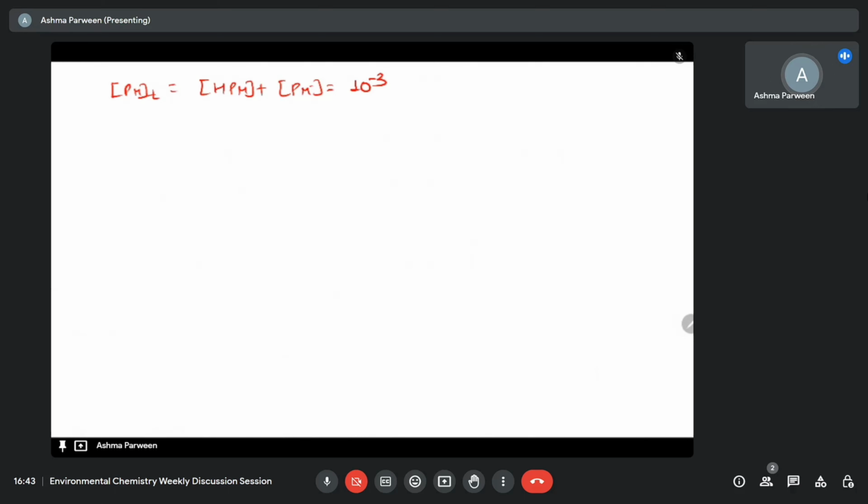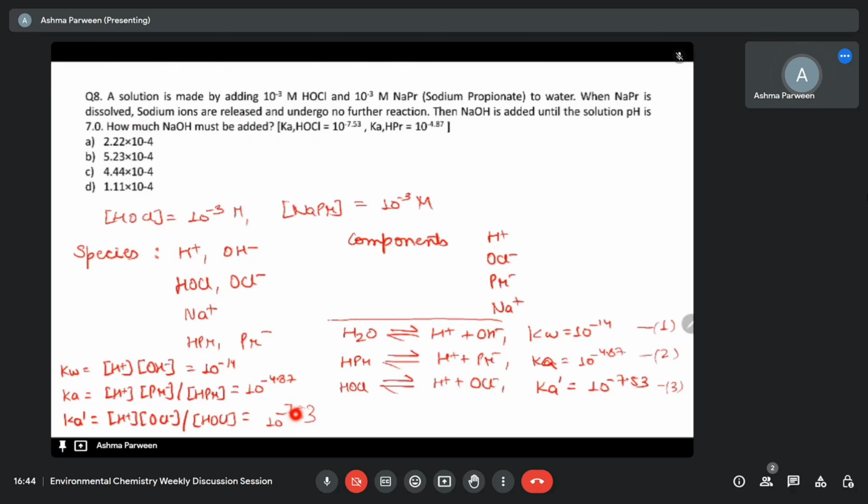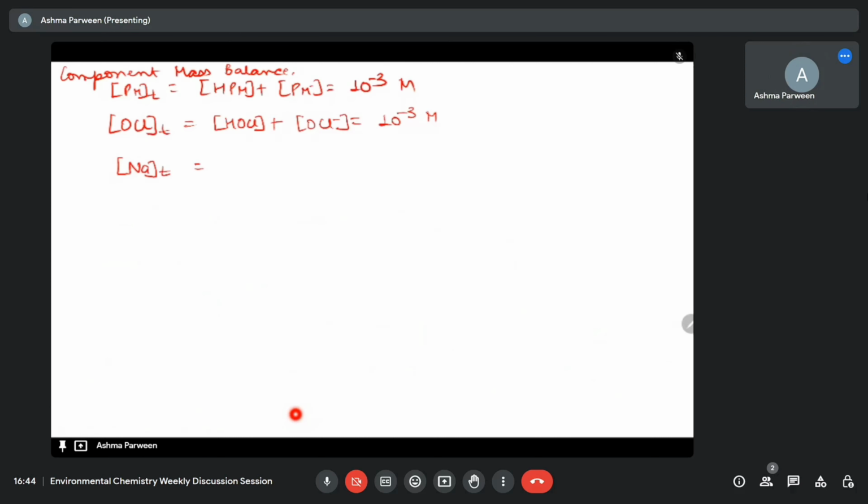And next for sodium, it will be equal to NaOH plus NaPr.